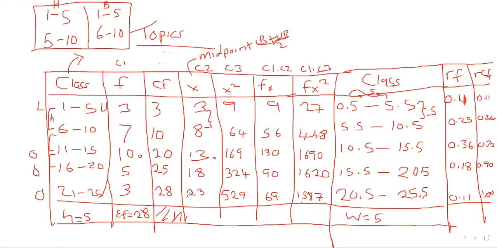Then now we go to the totals, only things that have an F that we need. So what is summation of F, X and summation of Fx squared? Let's total them up. Sula, are we together? Yes, very much.